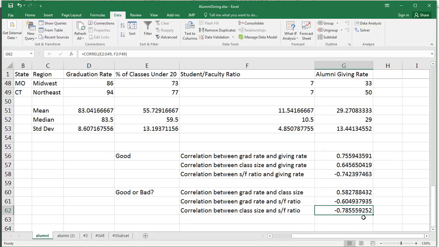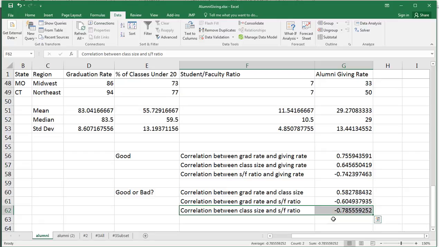And so here we see the strong negative correlation between class size and student faculty ratio, 0.78. That's the strongest correlation of all the correlations we calculated above. So this is telling me that there is a very strong negative correlation between class size and student faculty ratio, which should make sense, right?